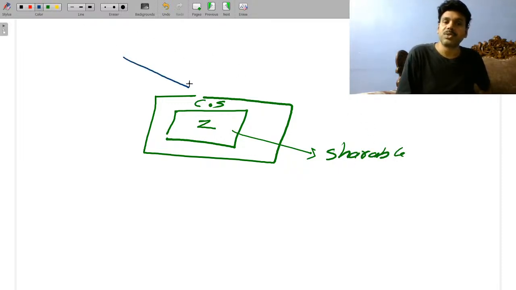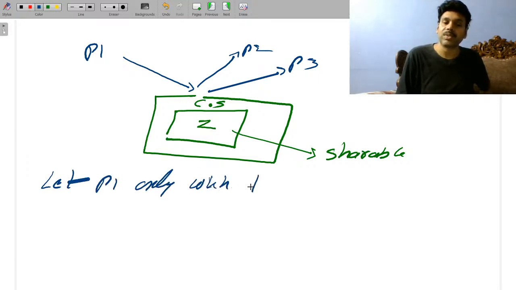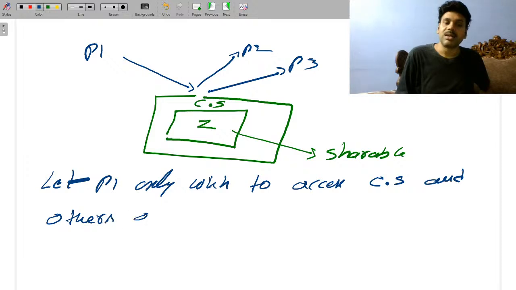There are a few processes: P1, P2 and P3. You observe that let P1 only wish to access the critical section, and others are not interested. Therefore, what is going to happen?